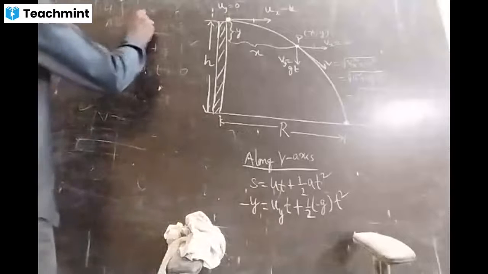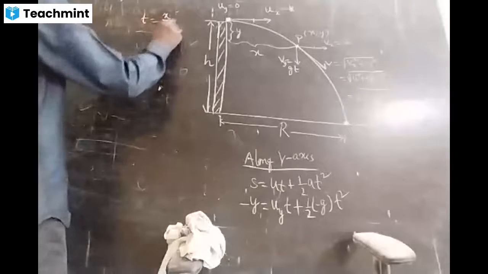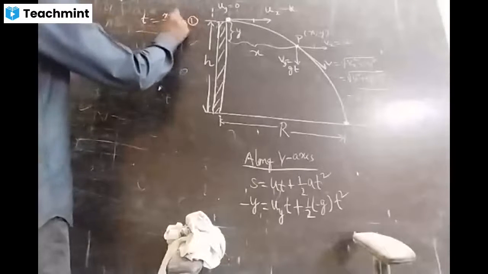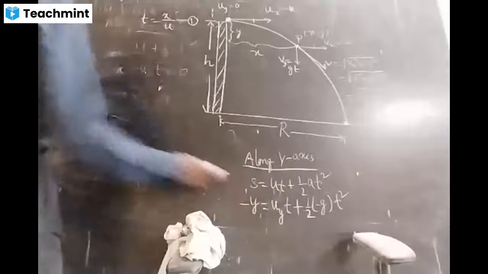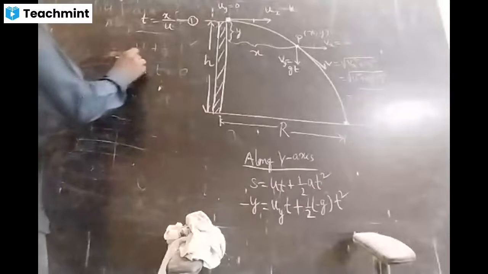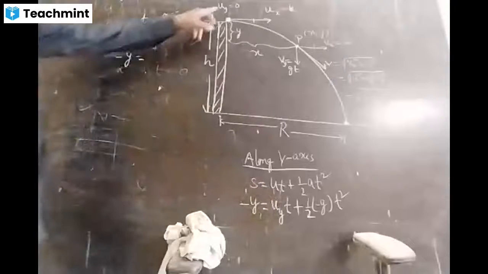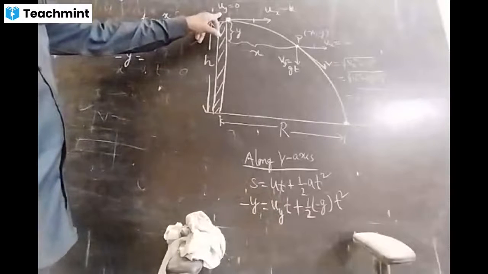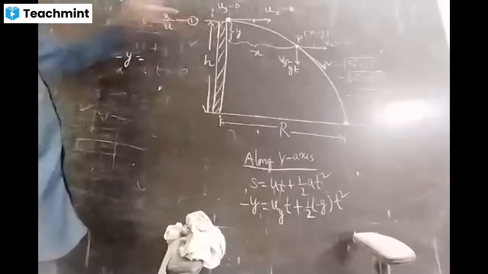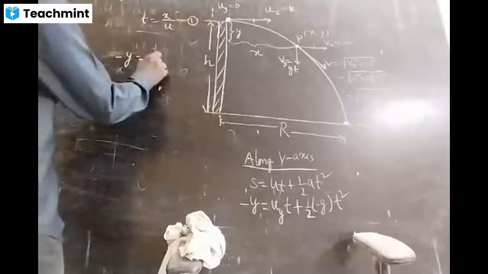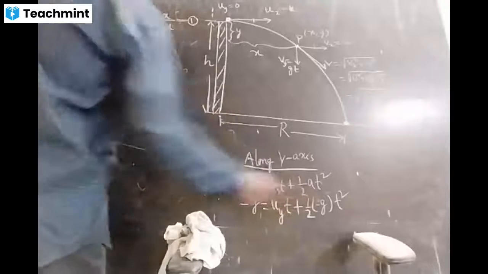Let me write here, t is equal to x by u. This is the first equation. Now this equation becomes minus y is equal to uy t minus half g t square. What is the value of uy? Initial vertical component of velocity is 0. So 0 into t is 0.